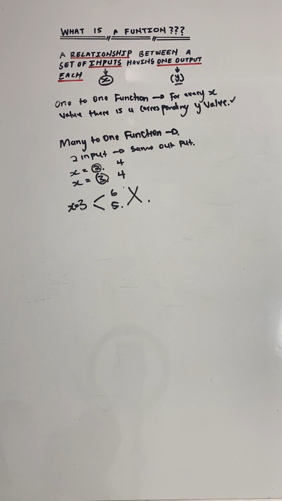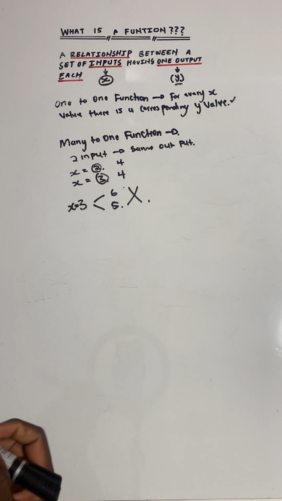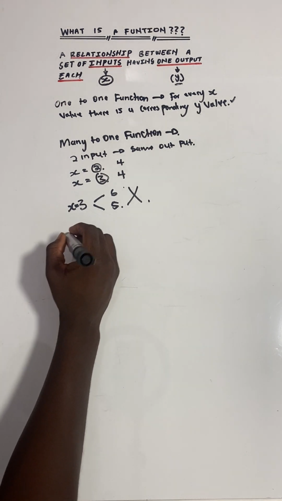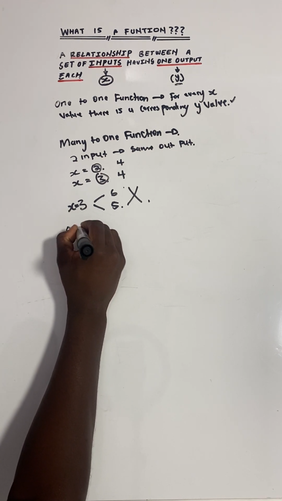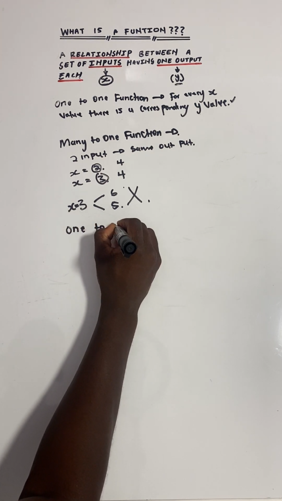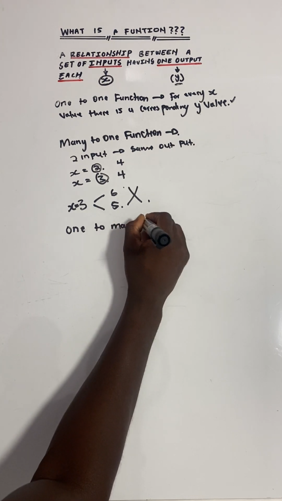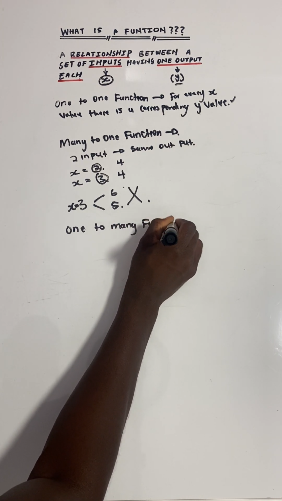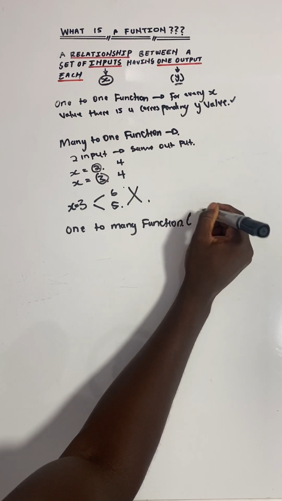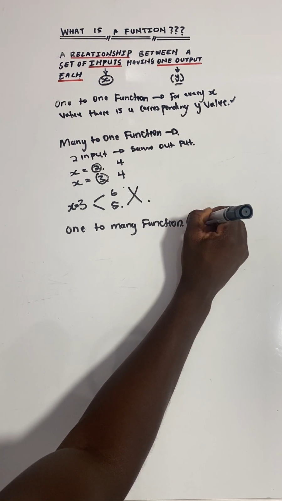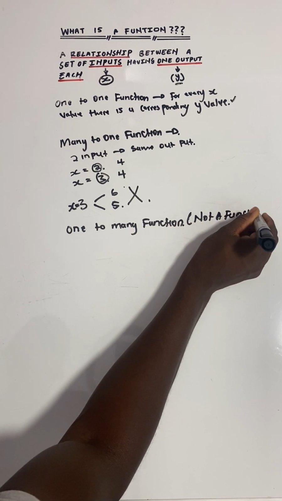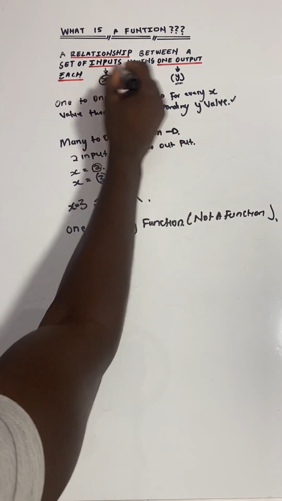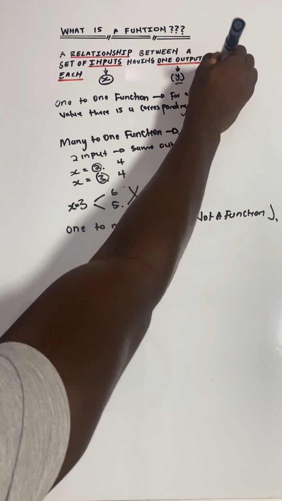So please, let's go on to check the next category of the types of functions. The next one is a one to many function. This one here is actually not considered a function. Why? Because it goes against the rules or the definition of what a function is.